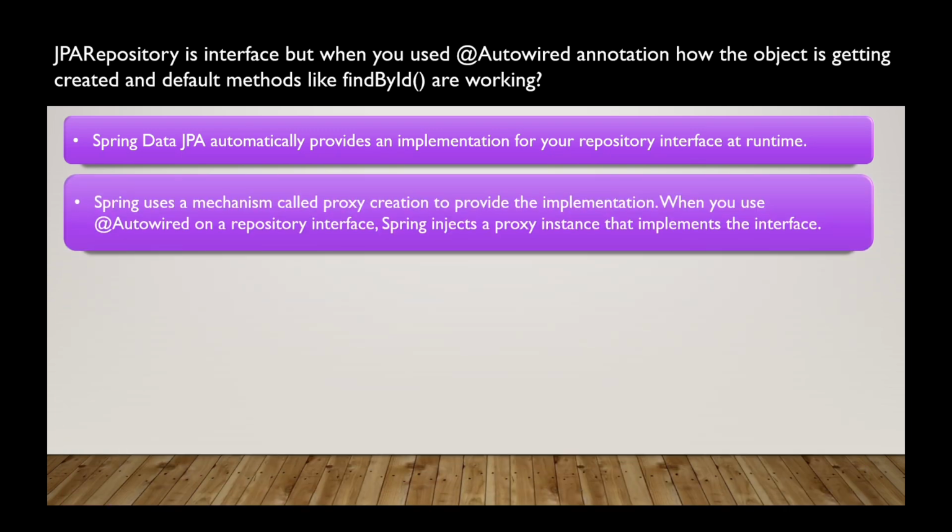Spring uses a mechanism called proxy creation to provide the implementation. When you use @Autowired on the repository interface, Spring injects a proxy instance that implements the interface. Basically, Spring creates a proxy bean for those at runtime.